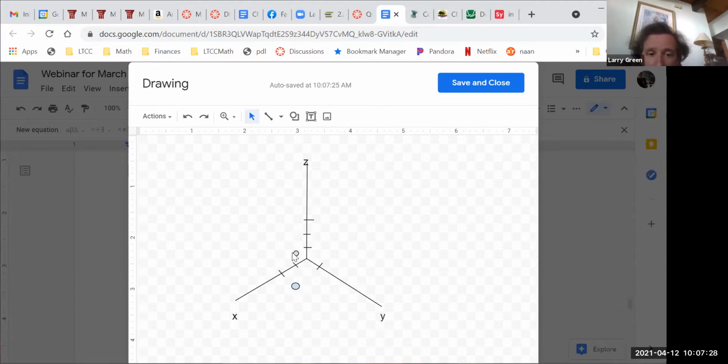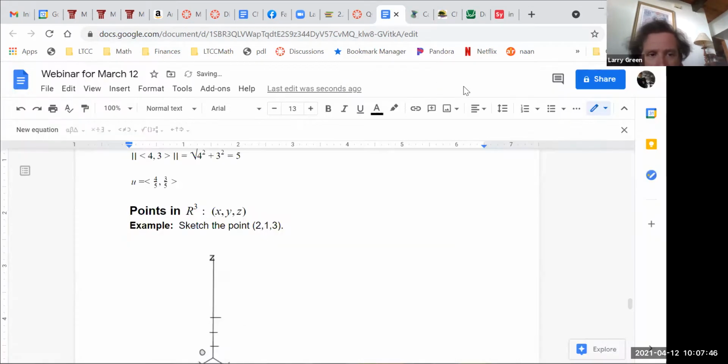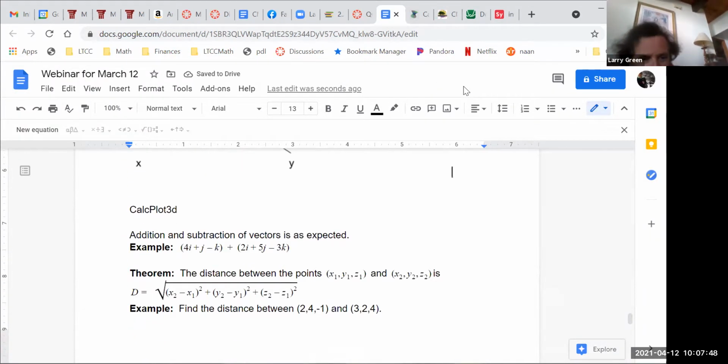And that point right there is the point 2, 1, 3. Okay, artistically, it's a challenge. I'm not the best artist, but you can do it. Any questions on drawing a point? Okay, let me save it. Hopefully it works. Oh, good. Okay, now some quick things.